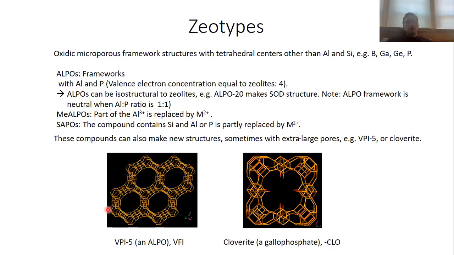Here is the structure of VPI5, which is an ALPO, and here you see cloverite. Cloverite is unusual in the sense that you have terminal OH groups. So not all oxygens are bridging, but you have OH groups that are dangling inside of the channels.